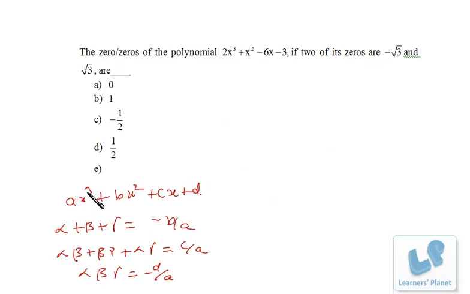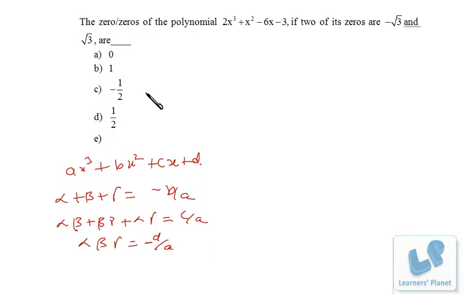Now the zeros of polynomial, if two of its zeros are minus root 3 and root 3, right? Now we assume that the roots are alpha, beta and gamma, right? So alpha plus beta plus gamma, that's the sum of the roots, will be what? Minus b by a if we make the comparison from here.